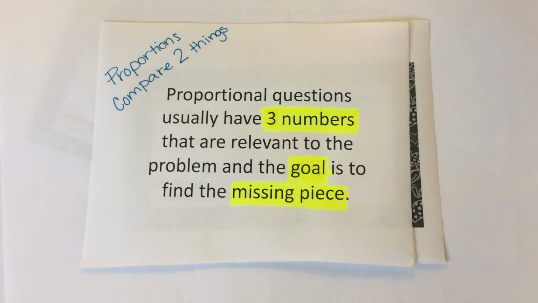Proportional questions usually have 3 numbers that are relevant to the problem, and the goal is to find the missing piece. A proportion also compares 2 things.